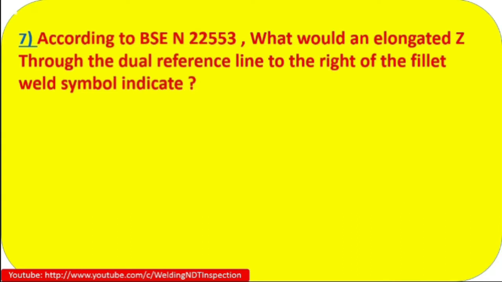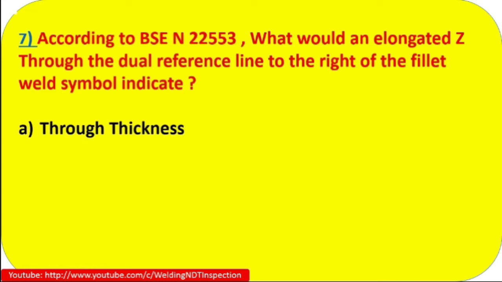Question number 7. According to BS EN 22553, what would an elongated jet through the dual reference line to the right of the fillet weld symbol indicate? According to BS EN 22553, there is one reference line that looks like a J. What will the weld symbol indicate?